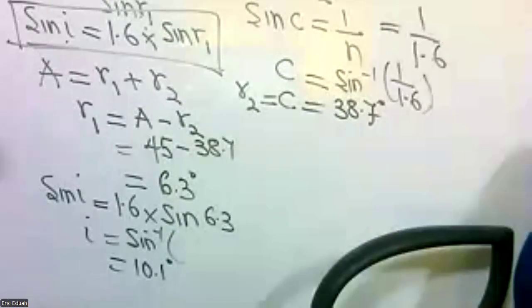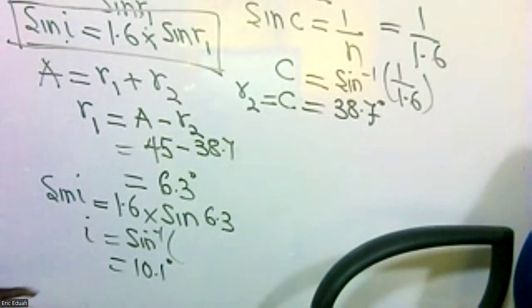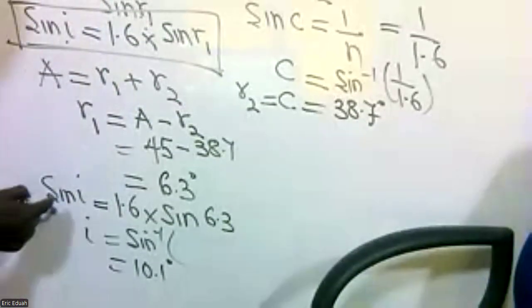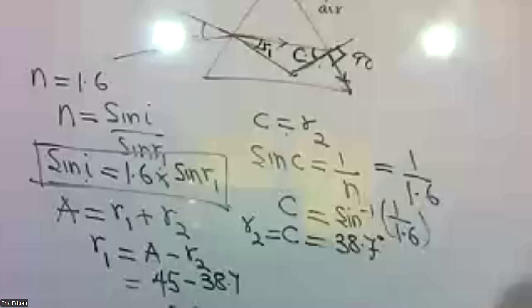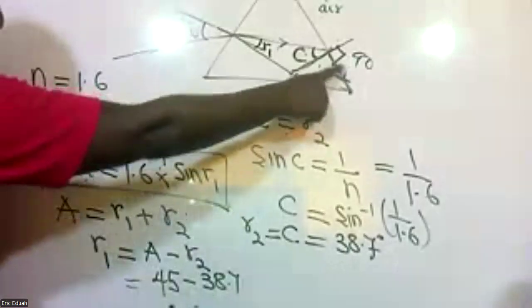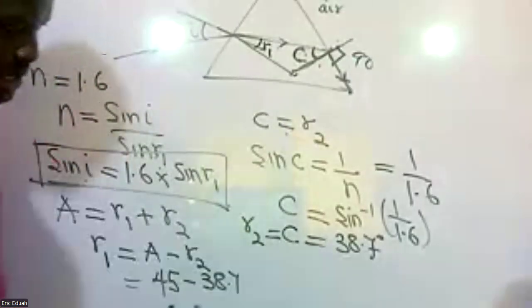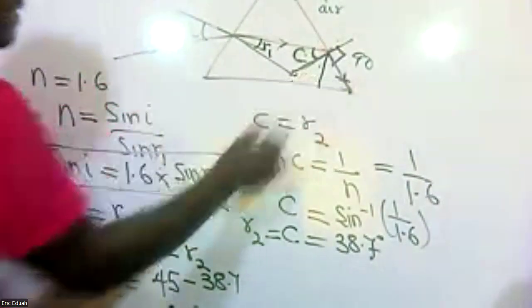Okay. So for total internal reflection, this must be the minimum angle. I would give you a situation where the angle of refraction in air is 90. So knowing that if this is 90, then the critical angle of the material is this. Then it implies that when you increase the value of I a little bit, you have a situation where total internal reflection occurs.